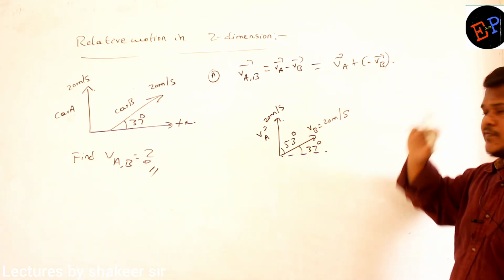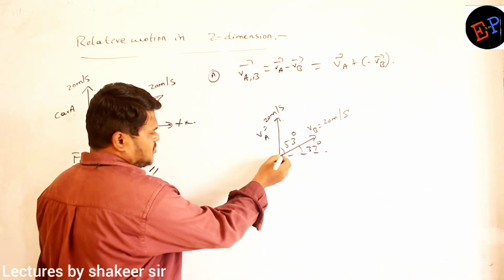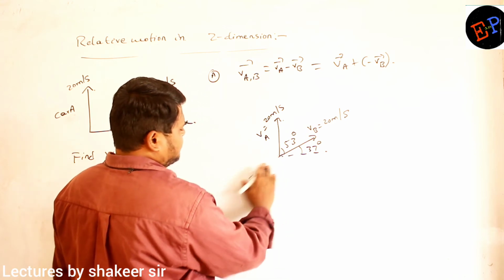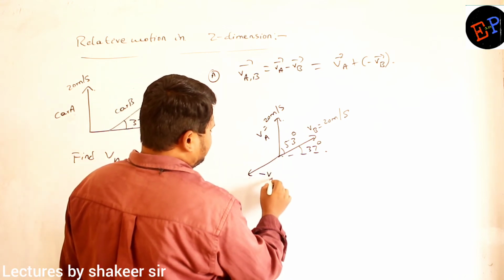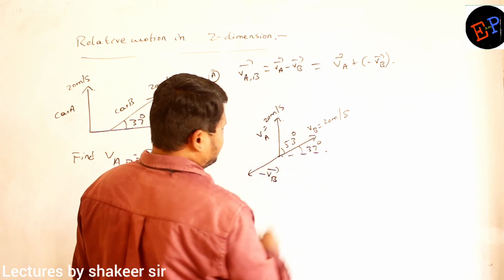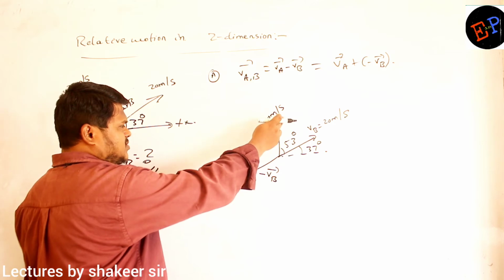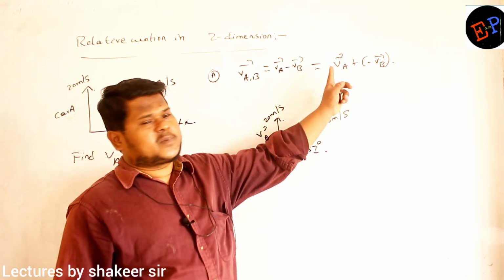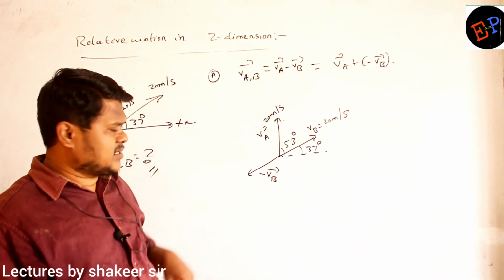This is my minus VB, because this is plus VB. Then I am supposed to take the resultant of plus VA and minus VB.